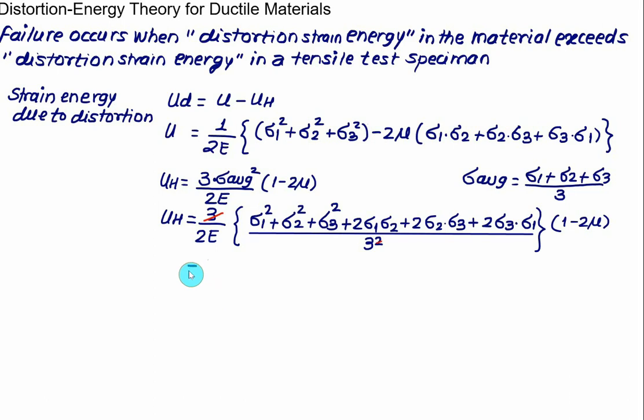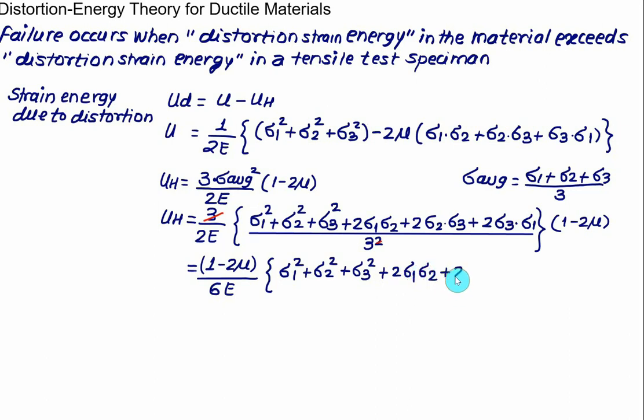So we are left with 1 minus 2 times the Poisson ratio, divided by 2 into 3 is 6 multiplied by E, and again multiplied by sigma 1 square plus sigma 2 square plus sigma 3 square plus 2 times sigma 1 into sigma 2 plus 2 times sigma 2 into sigma 3 plus 2 times sigma 3 into sigma 1.